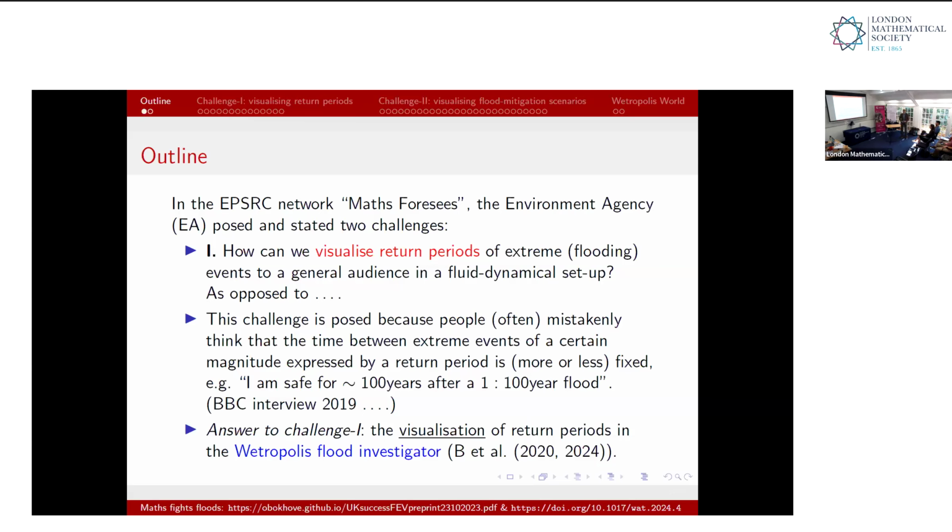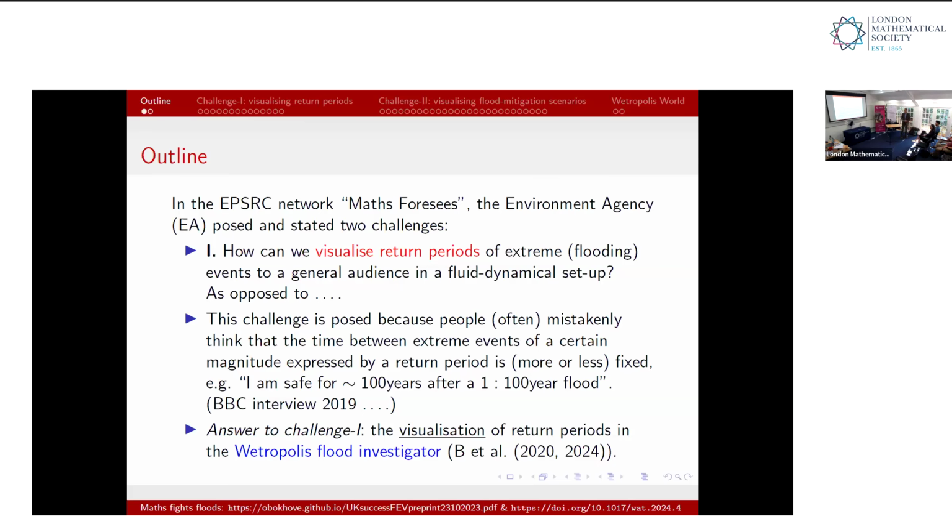I recall a 2019 BBC interview with a business owner from Fishlake, just north of Sheffield. It was a 1 in 100-year flood and it affected her business, but she said the other 1 in 100-year flood was in 2007, so she thought she was safe.